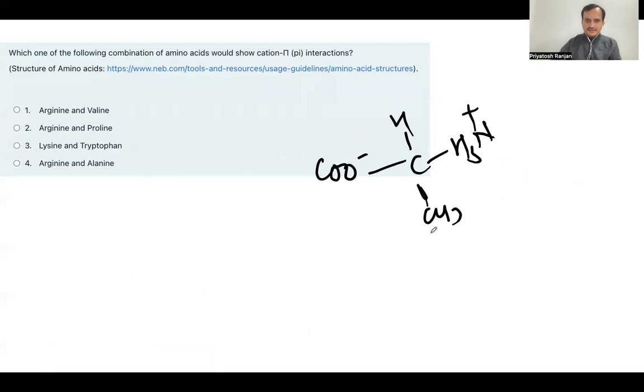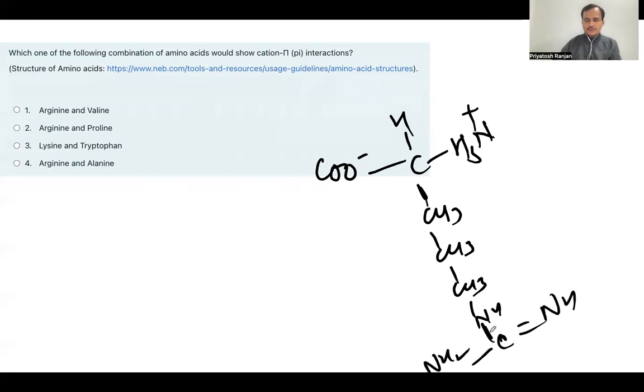But anyway, then CH2, CH2, CH2, and then NH, NH. And then C double bond NH. And here NH2. 1, 2, 3, 4. 1, 2, 3, 4. Yeah, seems all right.